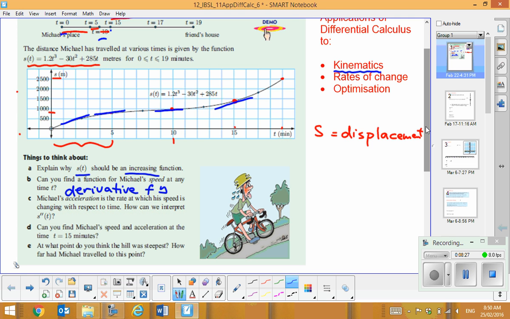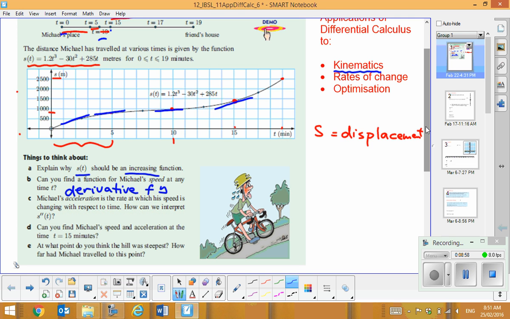That's a decrease of speed because he was going this fast, now he's going less fast. So he's decelerated. He's going even slower, probably around here. What's happening to his speed now? It's increasing. So he's accelerated. His speed is getting faster.